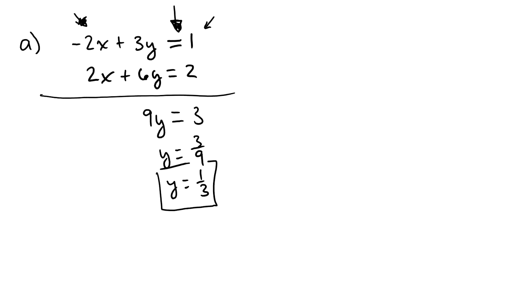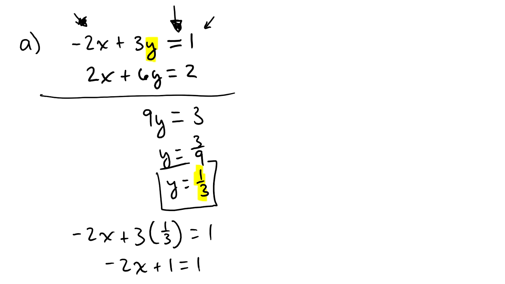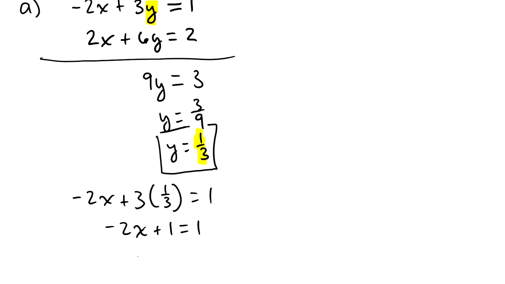So I'm rewriting that top equation. However, this time I'm going to replace y with what I just found y to be, right? So that top equation is going to become negative 2x plus 3 times, here's the y, 3 times 1/3, and that equals 1. Therefore, negative 2x plus 1 equals 1. If I take away 1 from both sides, be real careful here, I get negative 2x equals, something's got to go there.